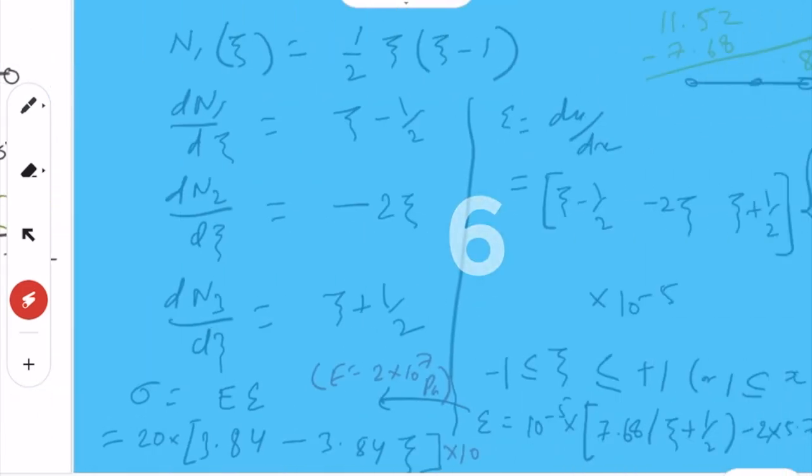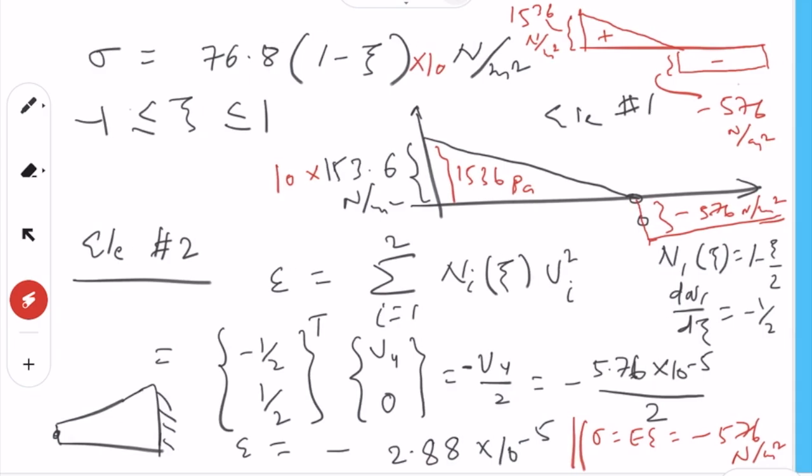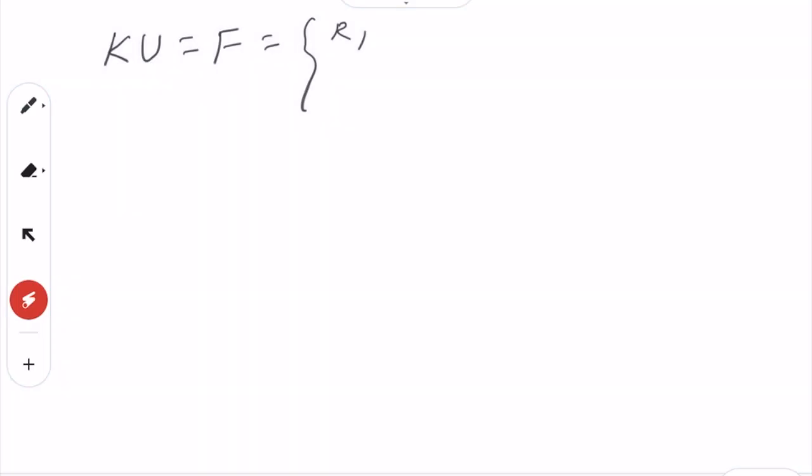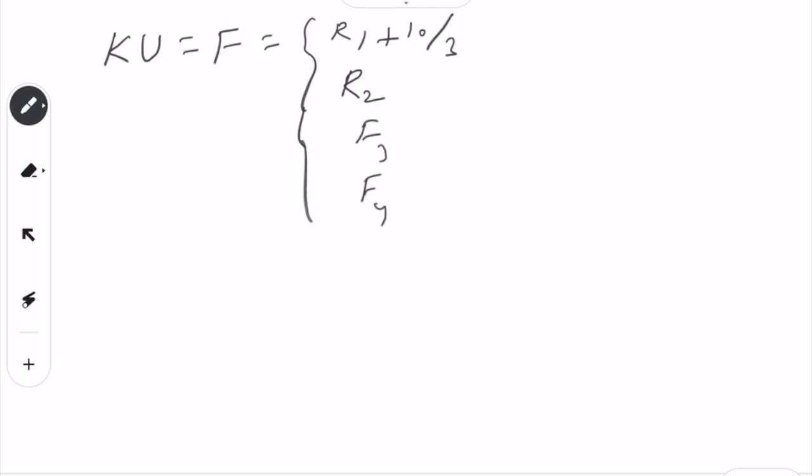Okay, so accordingly we can write the values R1 plus 10 over 3, and then we have the R2 value, and then we have R3 and f3 and f4, that we had the values of to begin with.